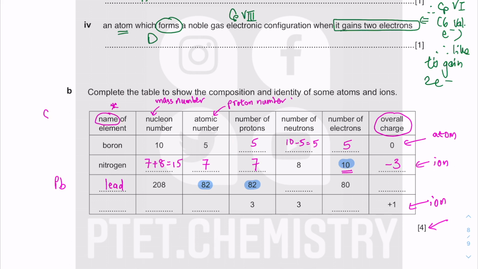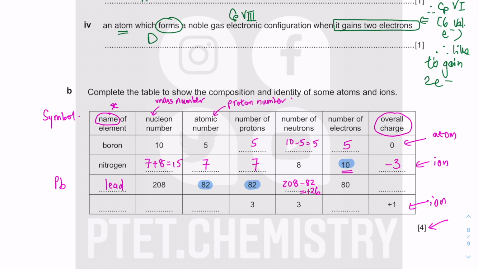This is asking for the name, and PB is the symbol. So be very careful. Are you being asked for name or are you being asked for symbol? Right? Number of neutrons, mass number minus the number of protons. So 208 minus 82, that gives me 126. You could write down 126 straight away. I just want to show you the working, yeah.